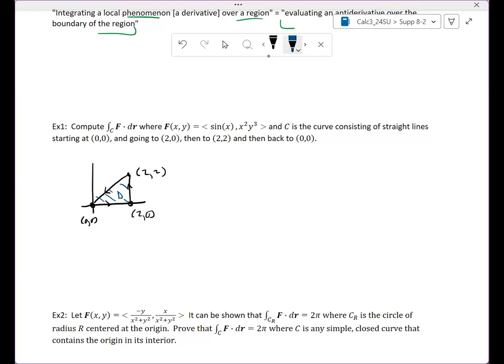But okay, I have a positively oriented curve enclosing a region D. Well, Green's theorem says that the integral of F dot dr, where F is P comma Q, is the double integral over the enclosed region D of dQ/dx minus dP/dy dA.